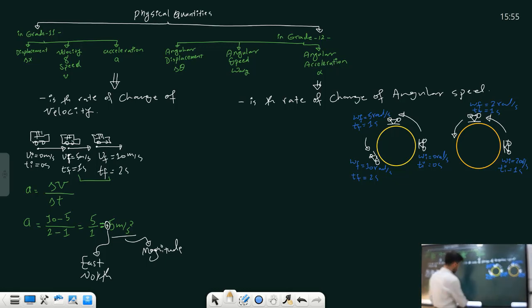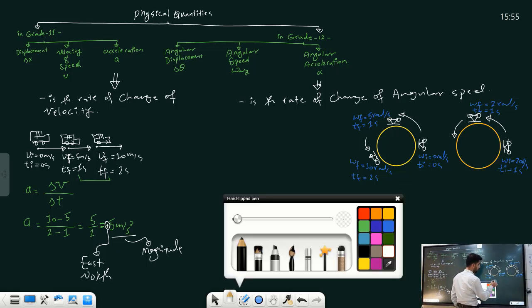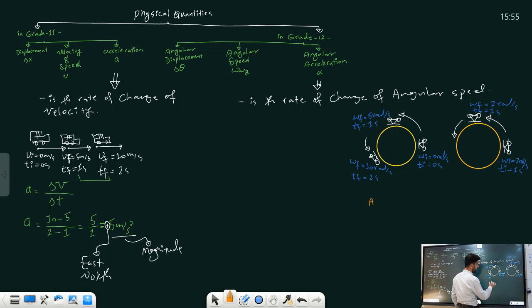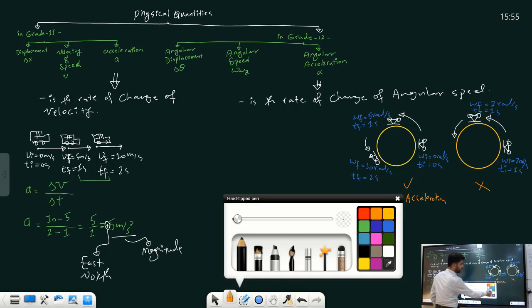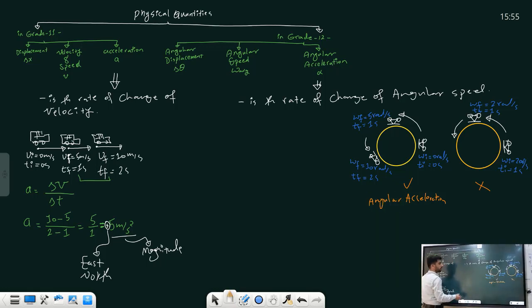So here we have angular acceleration, but here we don't, because there is no change in the angular speed of the object.